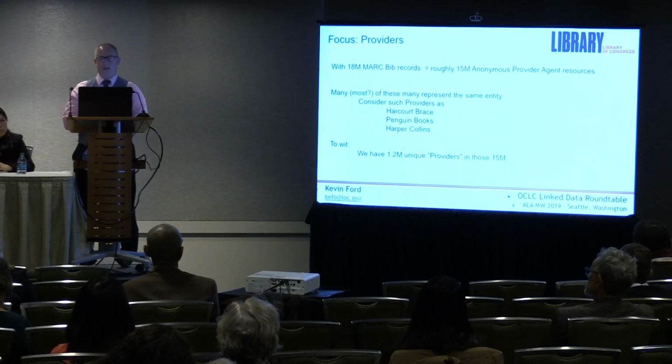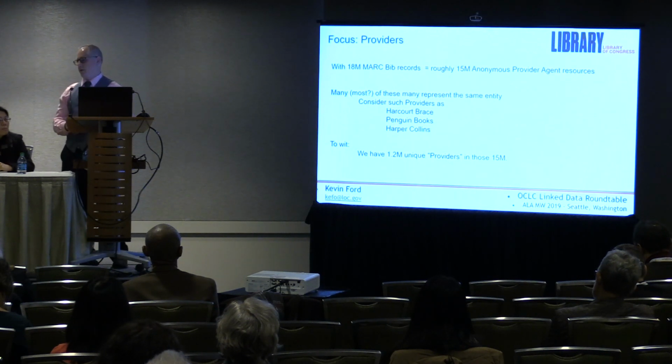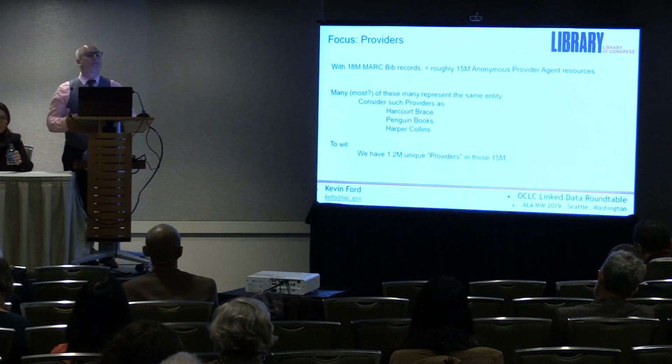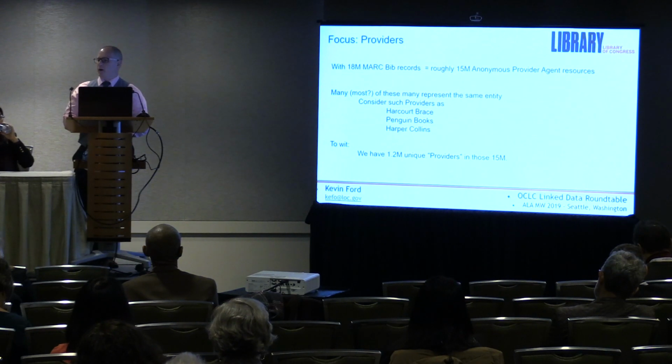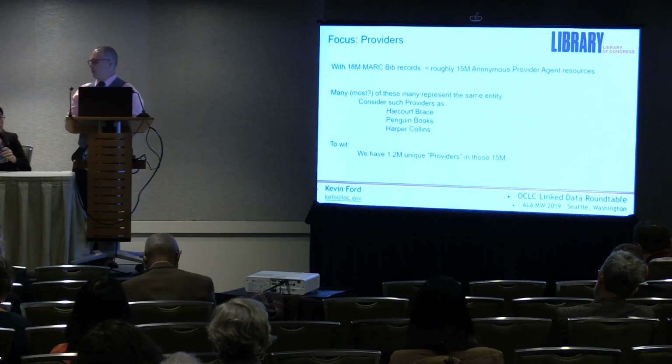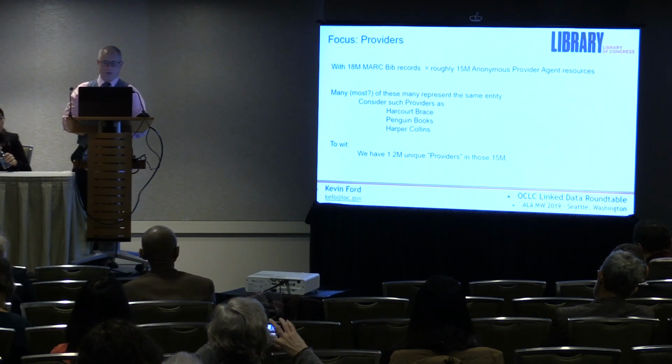And if you think about how many times Harcourt Brace or Penguin Books or HarperCollins or Taschen or Knopf show up in our data, every time it shows up in a MARC bib record and we transform that into BIBFRAME, that's essentially an anonymous resource.